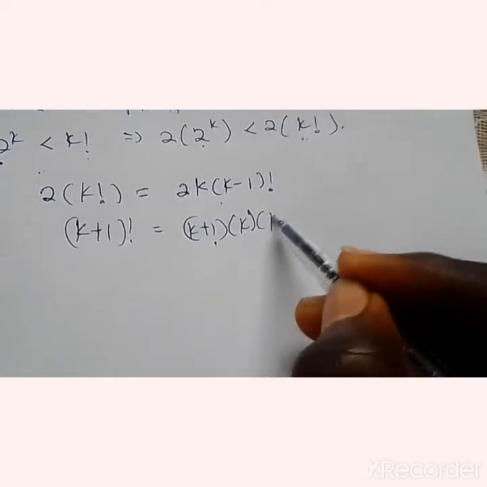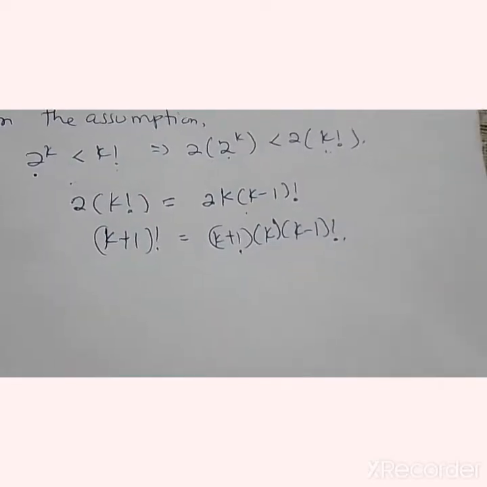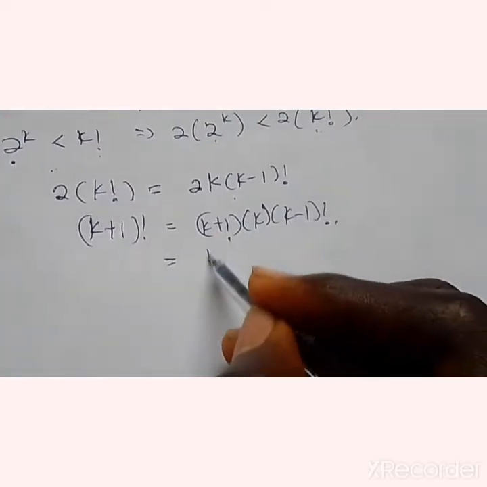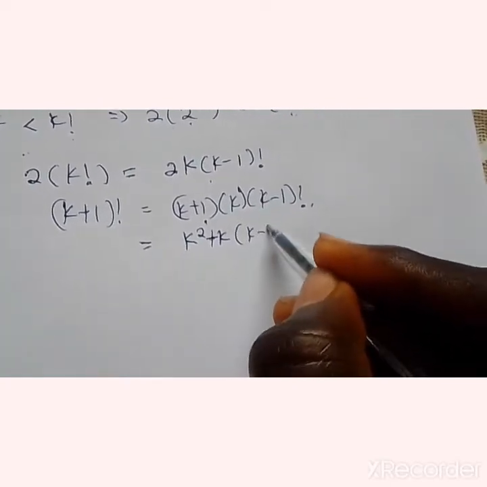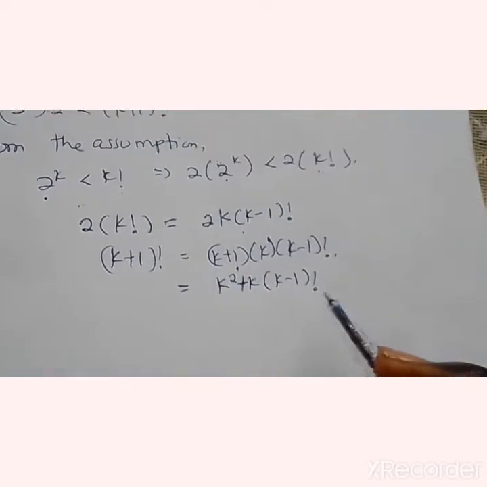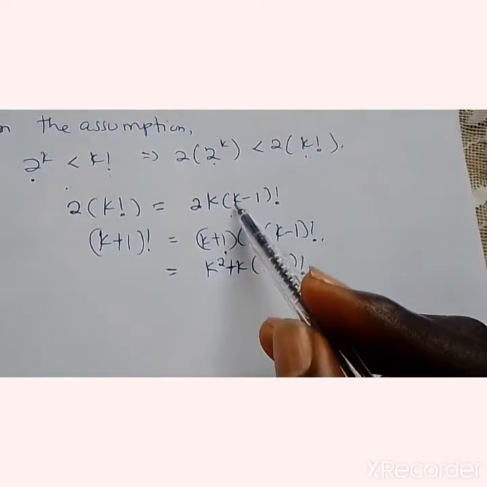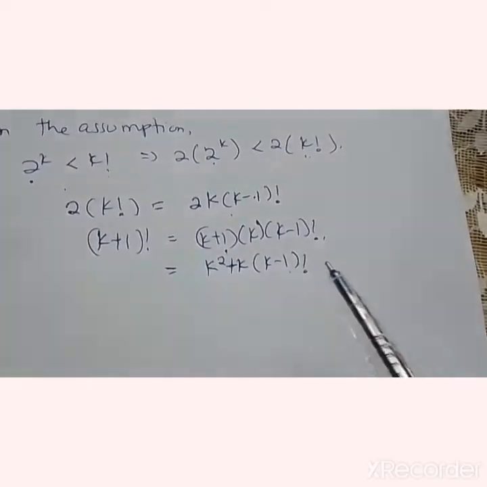Then finally multiplied by k minus 1 factorial. So we can see that k plus 1 factorial is the same as k squared plus k multiplying k minus 1 factorial.